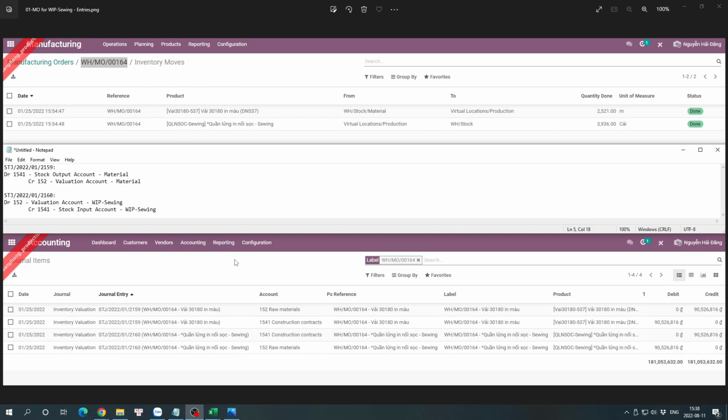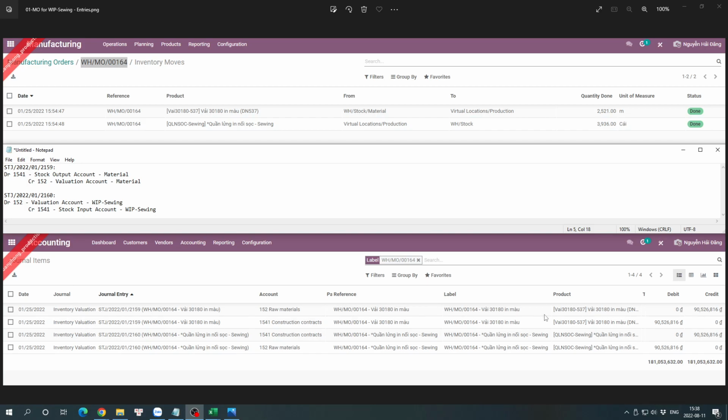In terms of accounting, each of these inventory moves has accounting journal implications. The first one, consuming fabric, you credit 152 valuation account, an asset account, material, and you move that amount of money to 1541, which is work in progress. You can see it down here, the first two line inventory valuations.